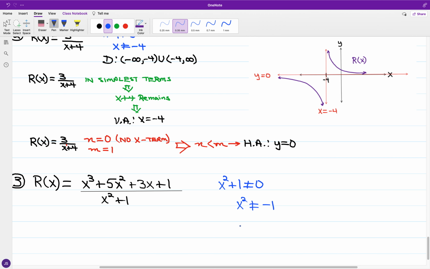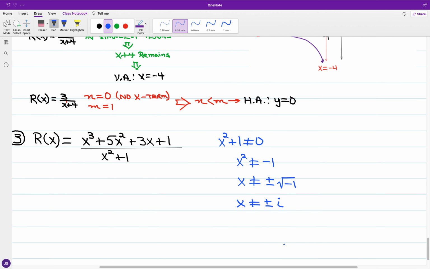So if we go from x squared to x, we have that x cannot be plus or minus the square root of negative 1, so x cannot be plus or minus i.